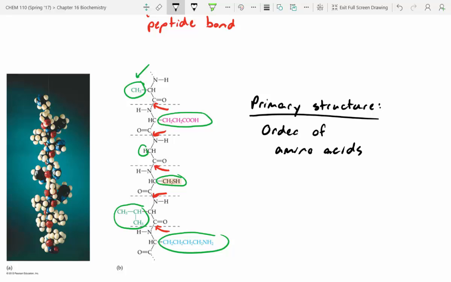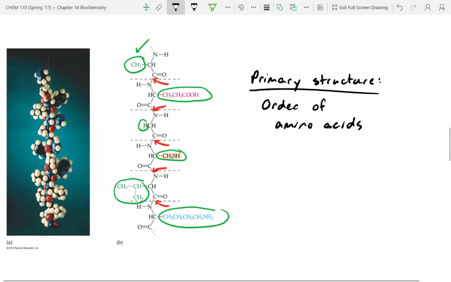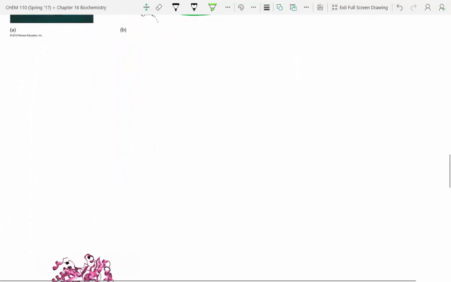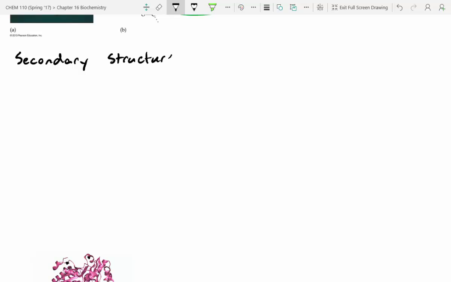However, we know our proteins aren't just big long chains. They actually adopt unique shapes and orientations, and so we have to describe these secondary, tertiary, and quaternary structures as well. So let's jump into secondary structures. A secondary structure is a little bit different than your primary structure.